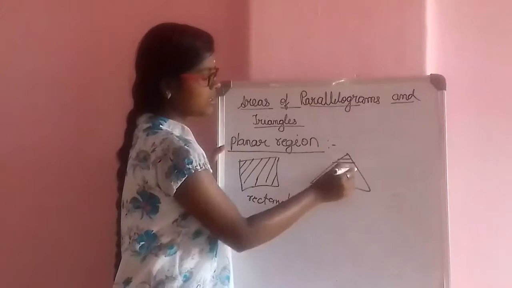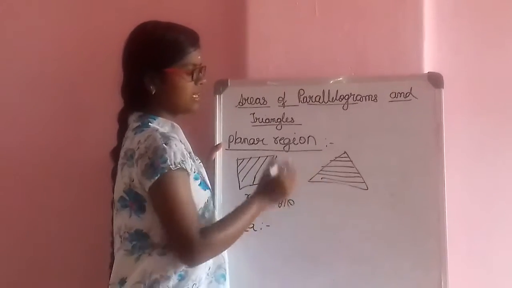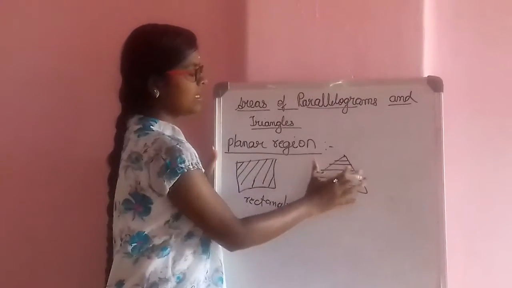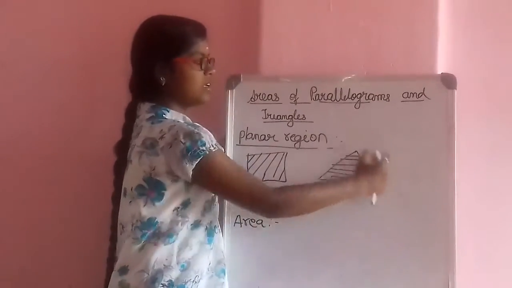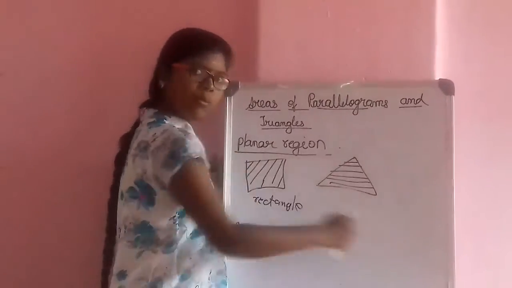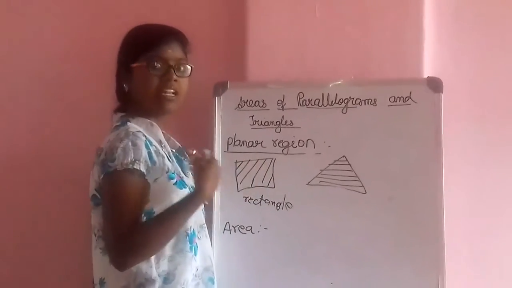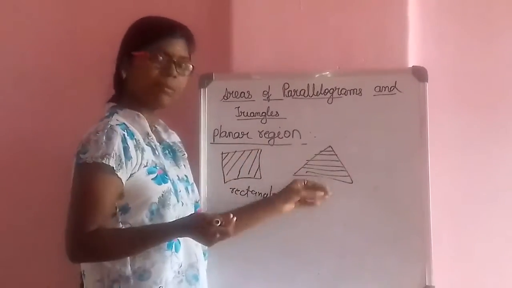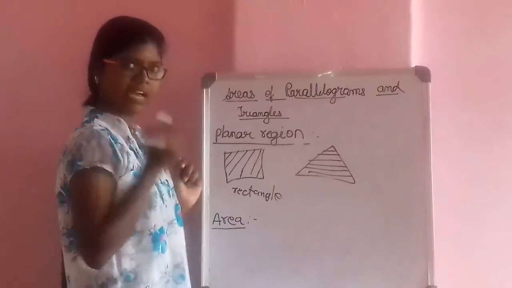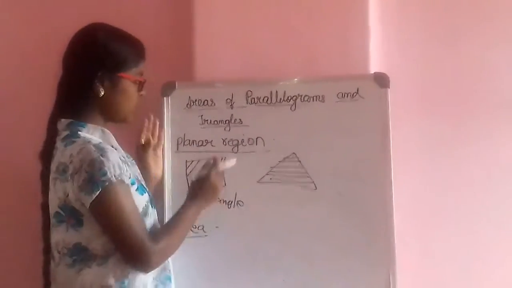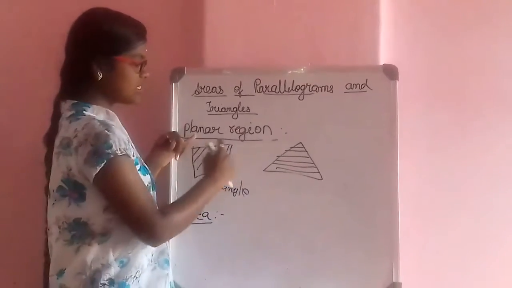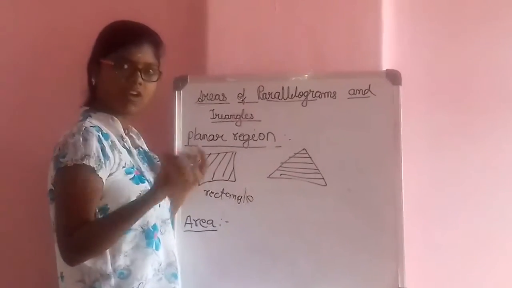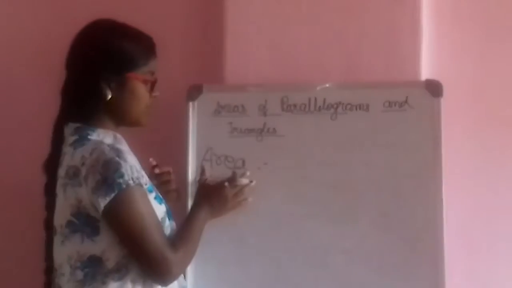Now here I want to take the measurement, like I want to know how many units this triangle takes on my board. So what will I do? I will measure it, and that measure is called area. The measure, or the magnitude, of this planar region is called area.